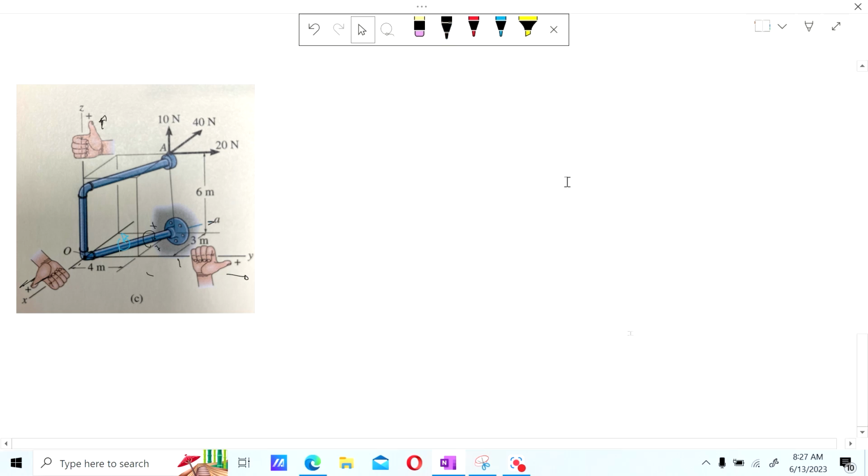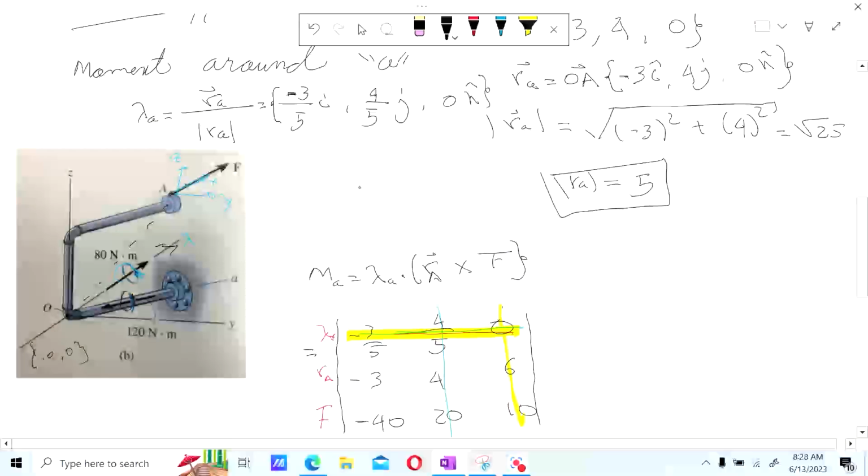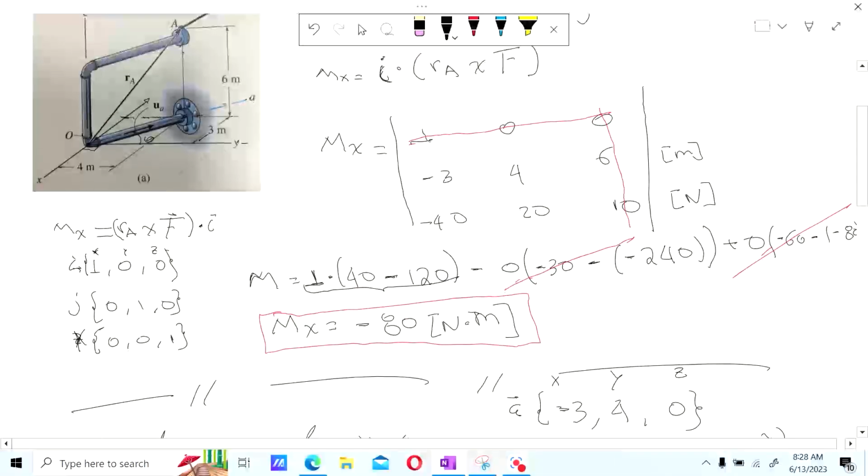All right. So, but you got the answer right here, which is the important part. So the question was, what was the moment around X? We found it. It was very simple. It was just doing the distance from the origin to the point where the force is applied, cross the force, and then dot product I. And the dot product is just the first equation right here, the first expression right here.